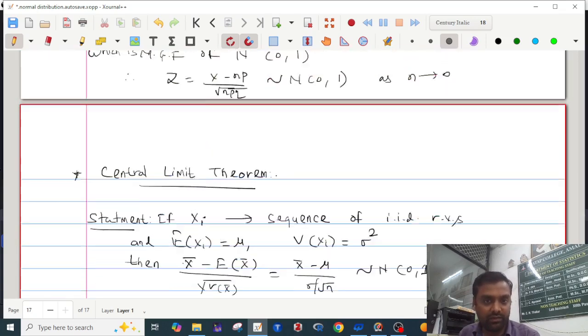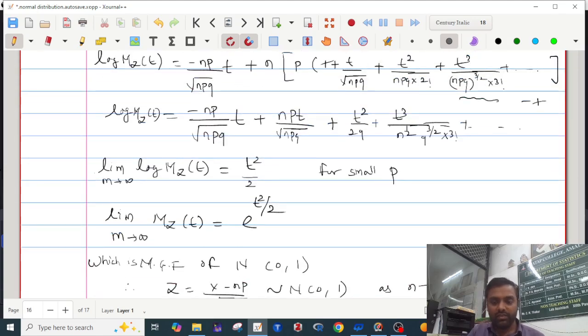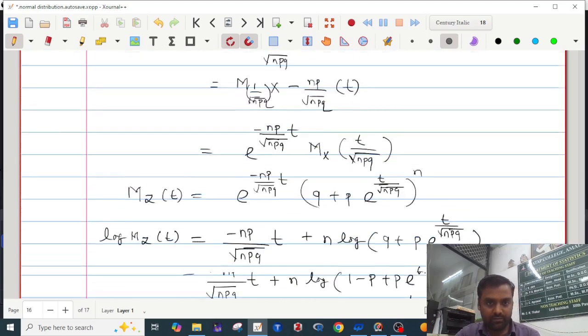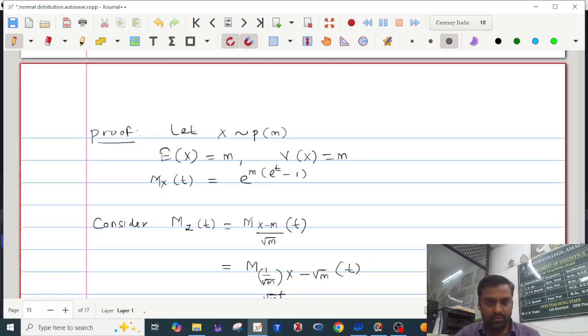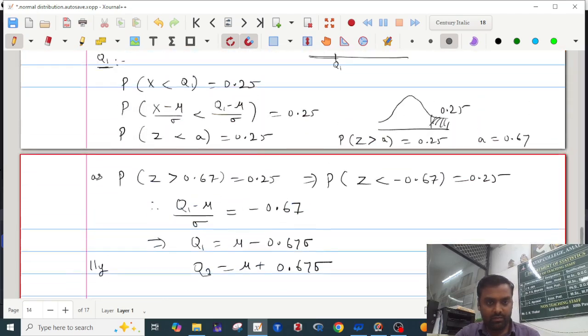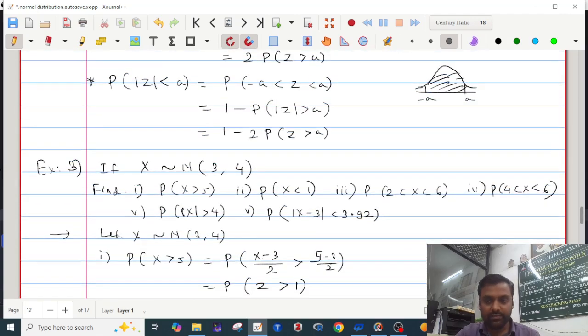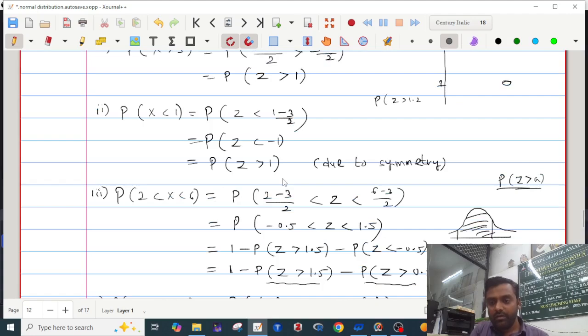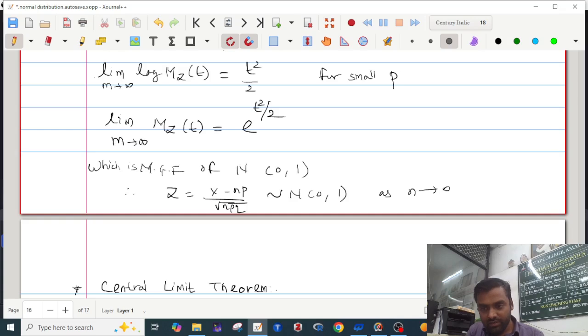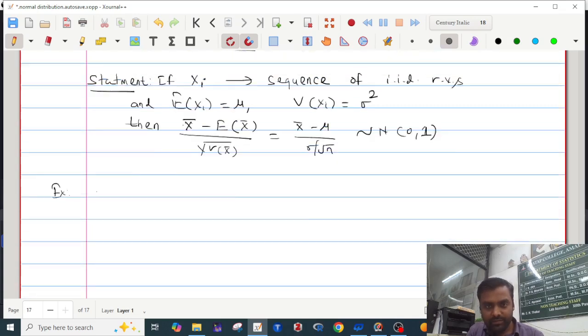Till now, I think we have solved 2 or 3 examples. Let's try to solve some more problems. Example number 4.